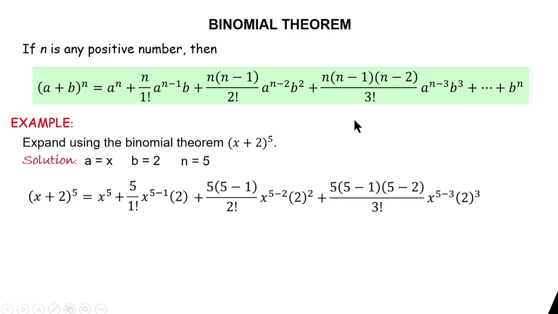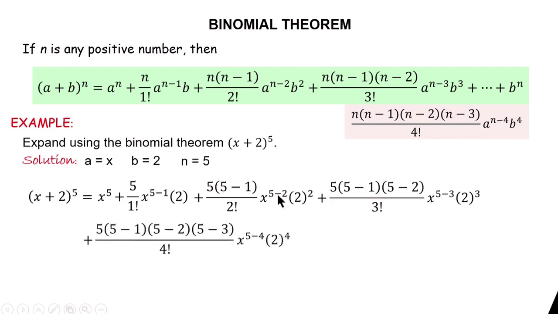After this, the next term will be n times n minus 1 times n minus 2 times n minus 3 over 4 factorial times a raised to n minus 4 times b raised to 4, or 5 times 5 minus 1 times 5 minus 2 times 5 minus 3 over 4 factorial times x raised to 5 minus 4 times 2 raised to 4. Remember, since the exponent of the binomial is 5, we're gonna stop at 5 factorial.